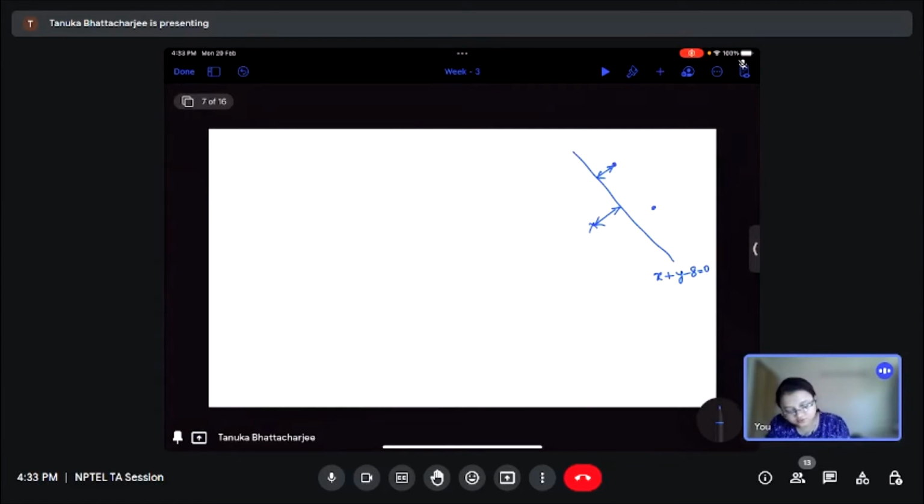Now if you have any surface given by ax plus by plus c equals 0, and you want to compute the perpendicular distance of a point x naught y naught from that surface, all of us know the formula. The distance will be given by a x naught plus b y naught plus c over root over a square plus b square.